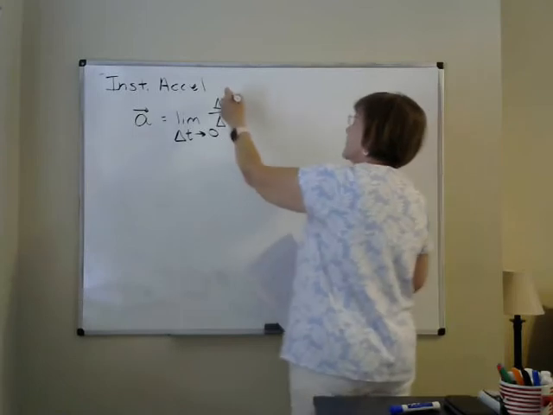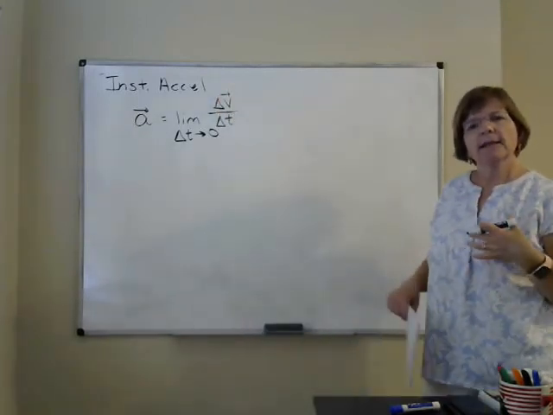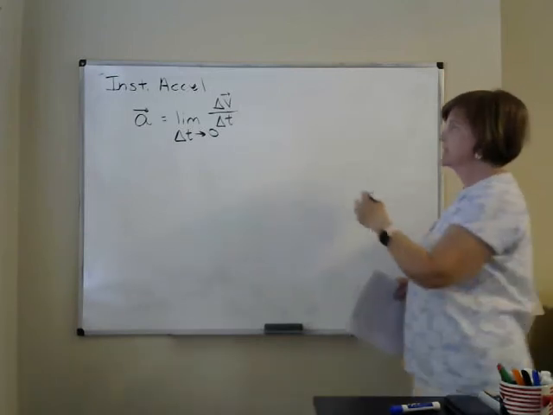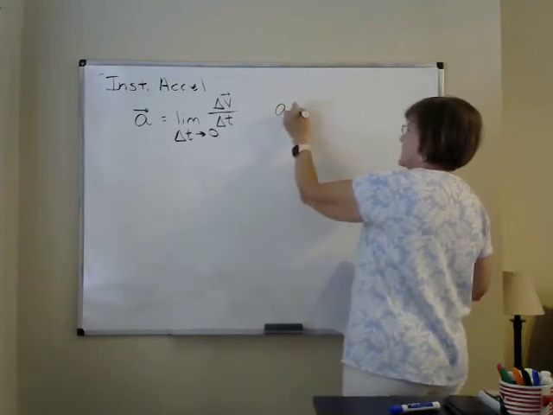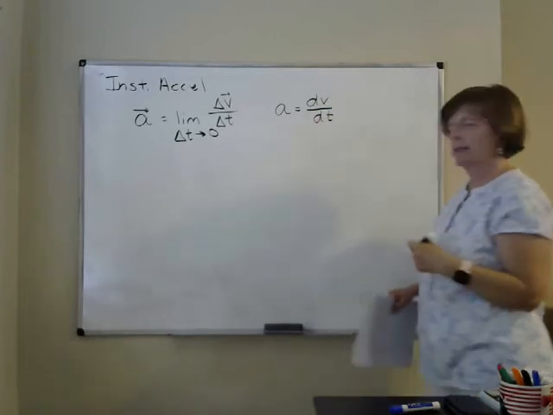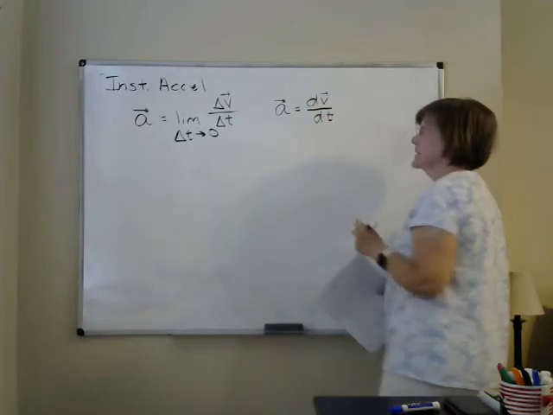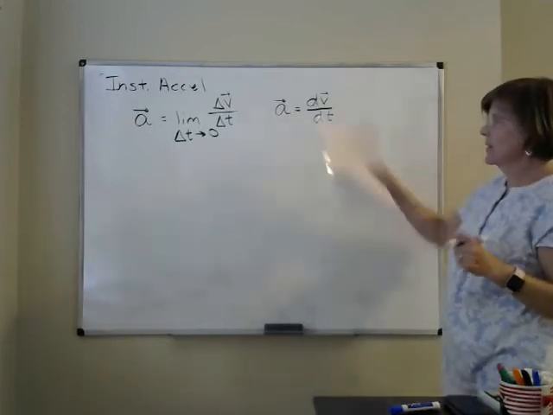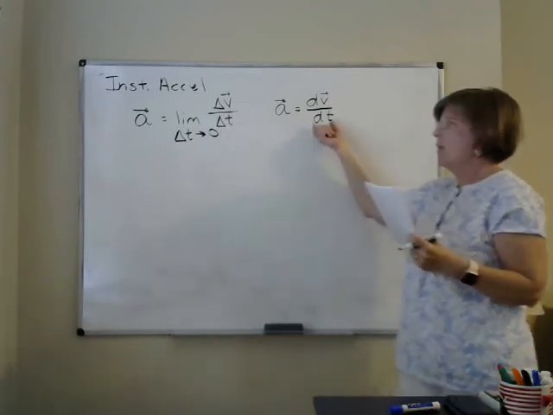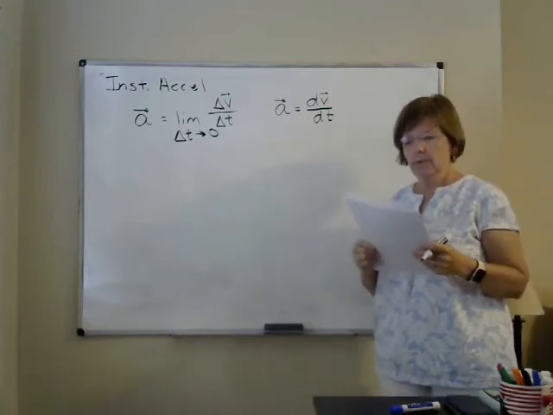It's possible that some of you are taking calculus right now, and if that's true, you're going to learn that limit is actually a derivative. So if this was a calculus-based course, we could say that the acceleration is the derivative of the velocity function, dv dt, and these would still be vector quantities. We're not doing that in this course, so don't worry. But basically this means they've made this what we call infinitesimally small. That dt is called an infinitesimal.